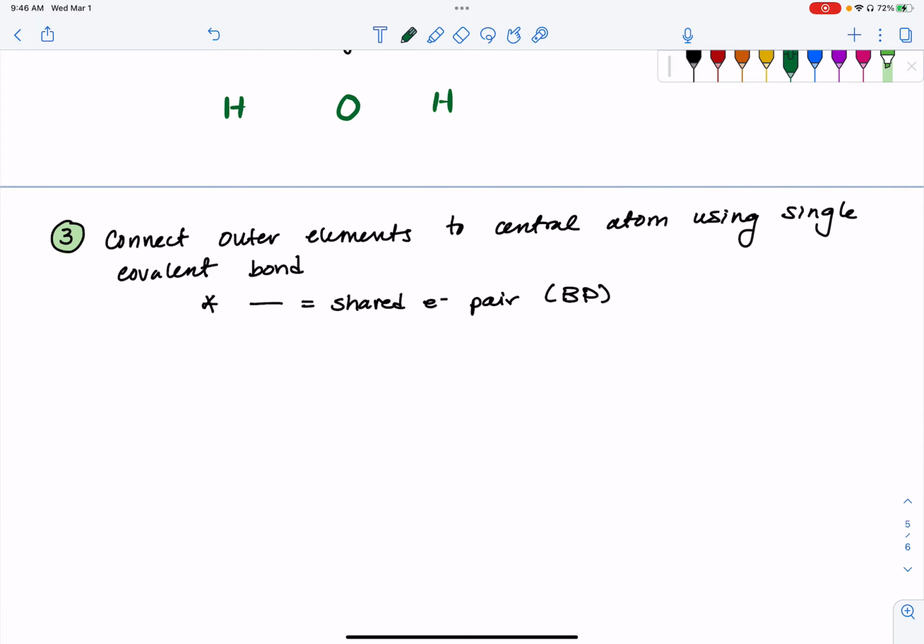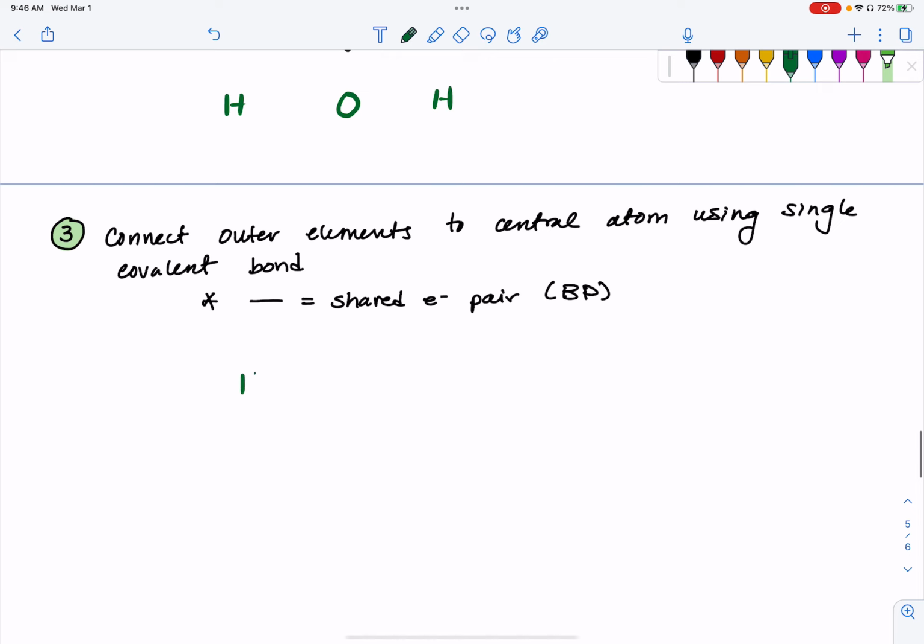So in our example with water, I've got H, I've got O, I've got H. I am going to connect each of my hydrogens to the central atom.